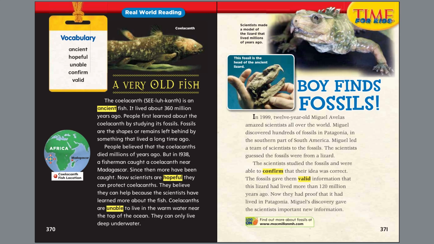You're absolutely right. Okay. So the last thing that we're going to do today is we're going to fill in our graphic organizer, okay? Okay. And so we're going to do it for the second text, which is about the fossils of the lizard.